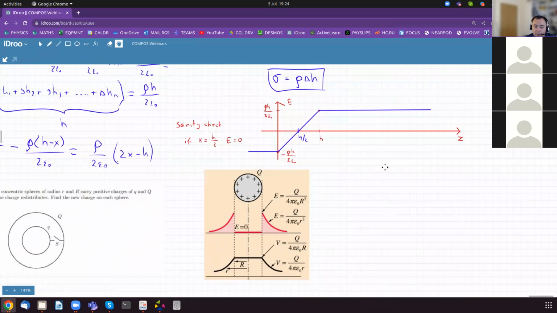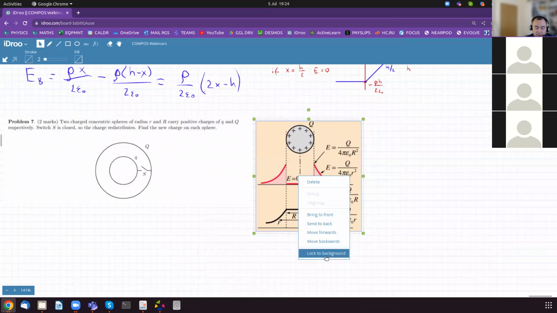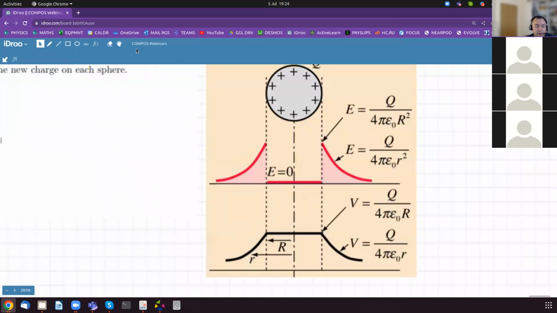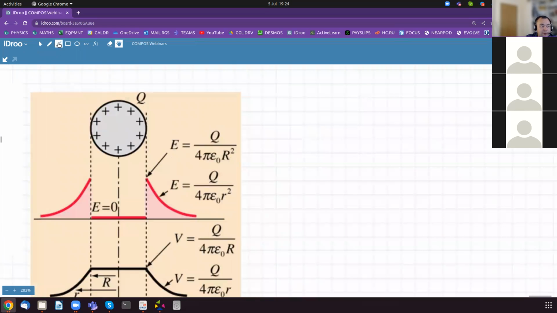So this is a very common graph, as you can see here. This is a graph of E for the charged sphere. So for a charged sphere, we are measuring from the middle. This is the x-axis.